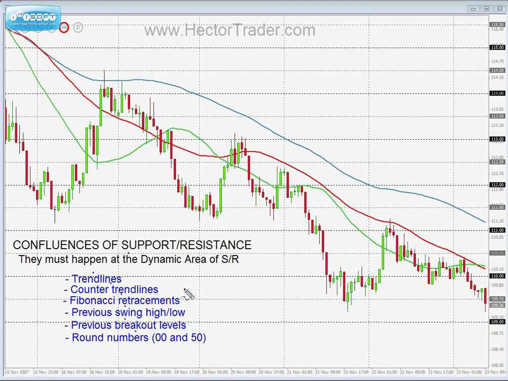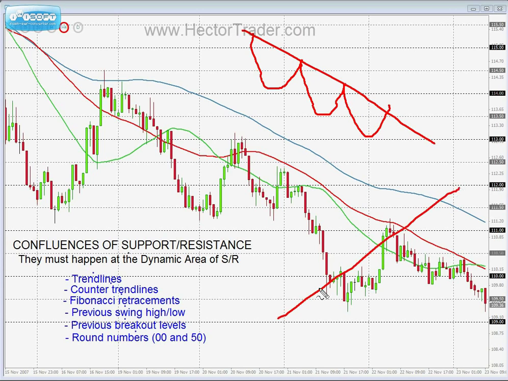Second, a counter trend line, which is a trend line that goes against the direction of the main trend. Just as a trend line was linking the swing highs in a downtrend or the swing lows in an uptrend, a counter trend line in a downtrend is a trend line that is actually drawing up, pointing up against the main trend.